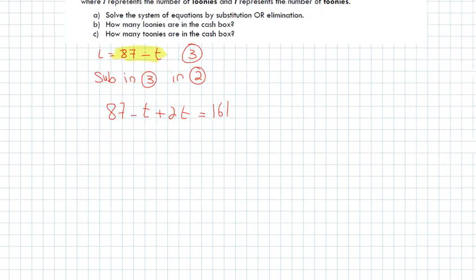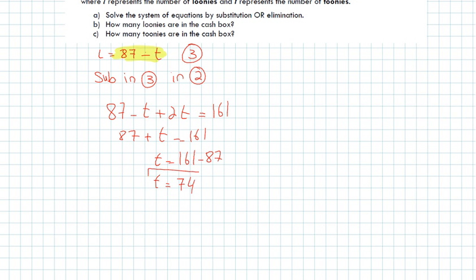Plus 1T equals 161. Then what do I have to do? Isolate, move the 87 over. What's 161 minus 87? So T is 74.